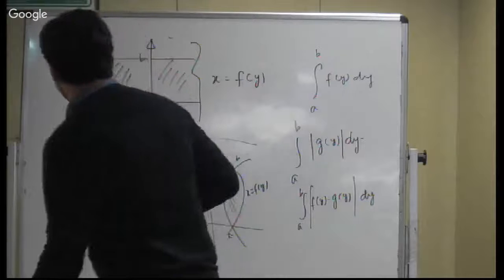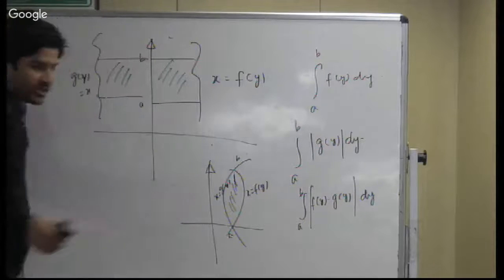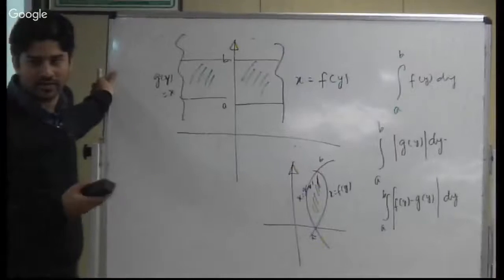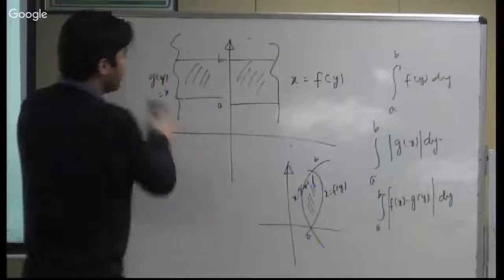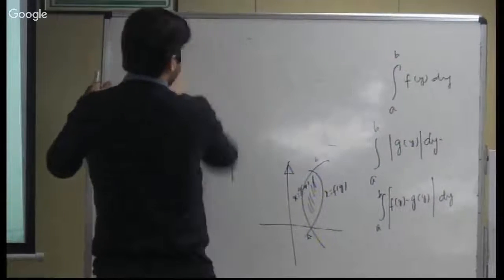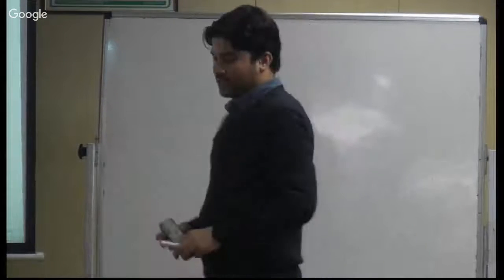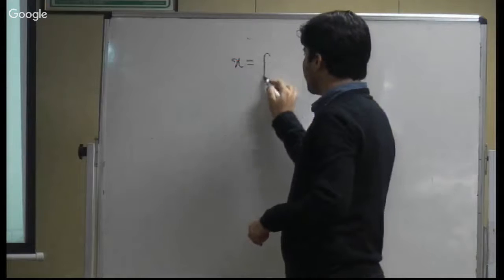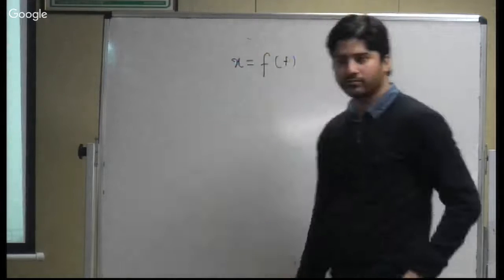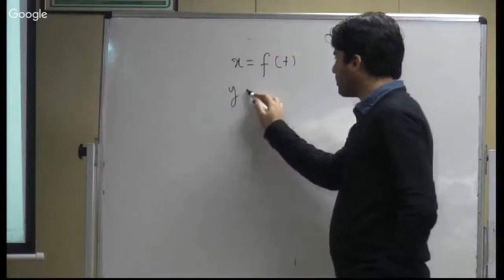Now the last case, there is nothing new in this topic, as you must be seeing. We are just understanding what cases there are. Now the last part, let's say you get x in a parametric form as ft, y also in terms of t.